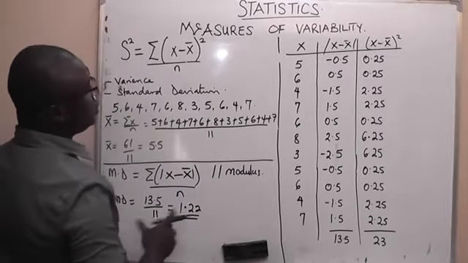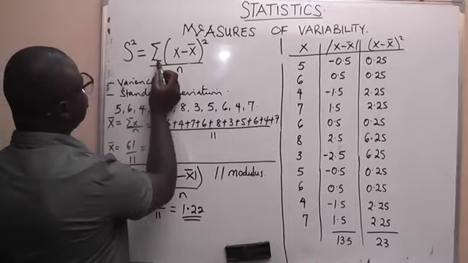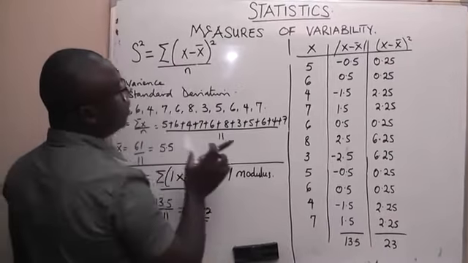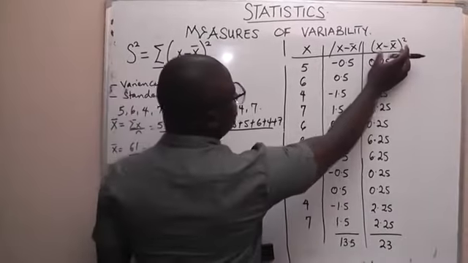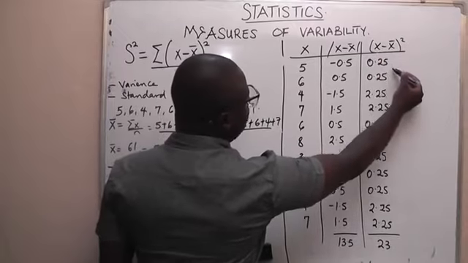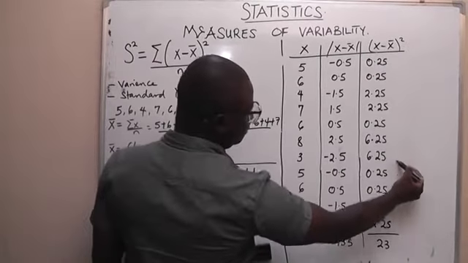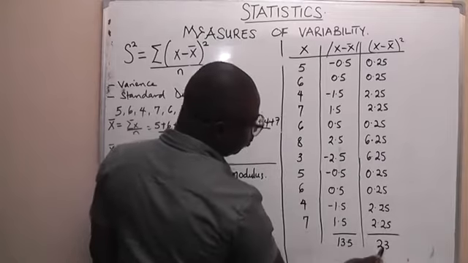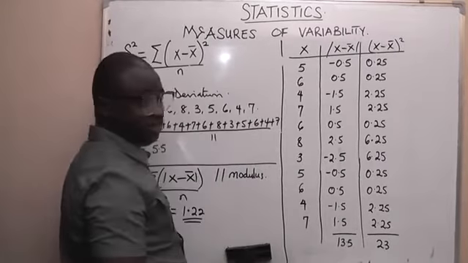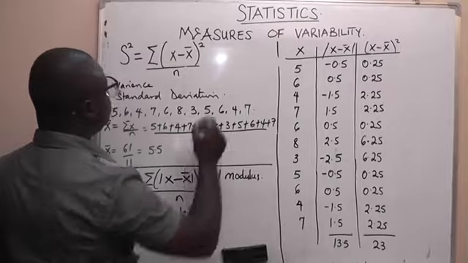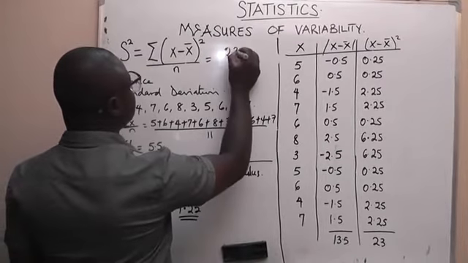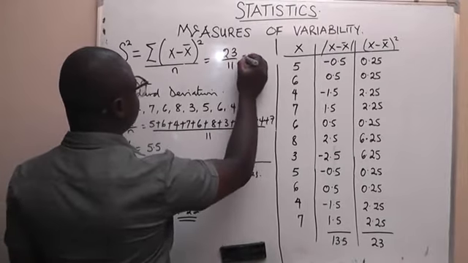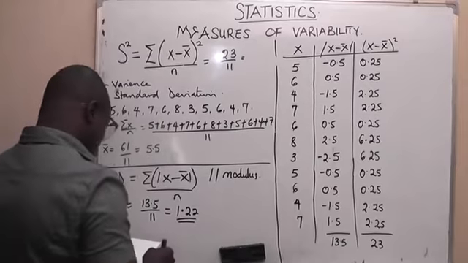Now if you notice, we have this column here. We have to sum the whole of this column, and we already have this column here. So all we need to do now is to add up all this column, and when you add it up, you get 23. So that means 23 over 11.